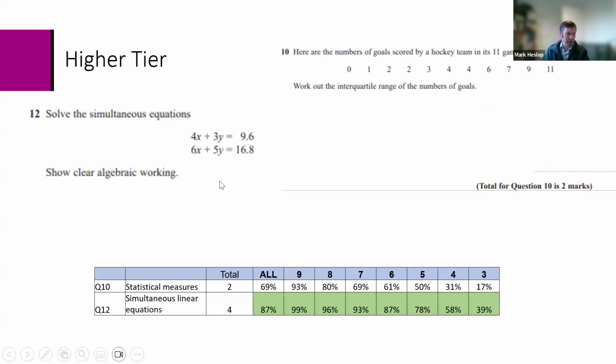My point here is that higher tier students, and to a good degree foundation tier students, should make sure they're engaging with the revision material on handling data, probability, and statistics. The statistics section is one where we assume higher tier students know this stuff, but there are actually some quite basic things that they don't know.